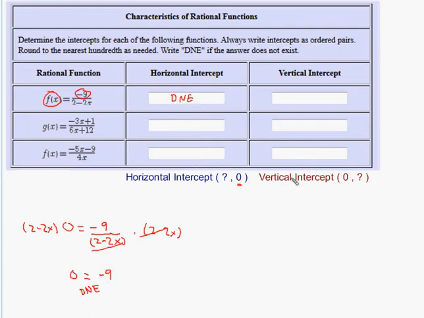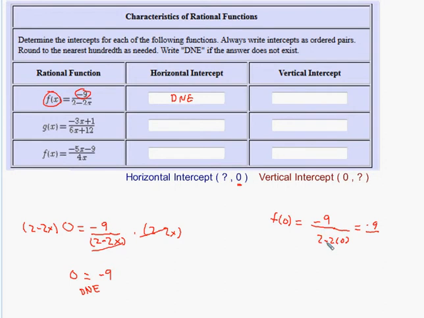For the vertical intercept, remember that's where you set x equal to 0. So that would look like this, replacing the input with 0. I have -9 in the numerator, and in the denominator I'm going to replace x with 0. So that's 2 subtract 2 times 0. I'd still have the -9 in the numerator, and in the denominator, 2 times 0 is 0.